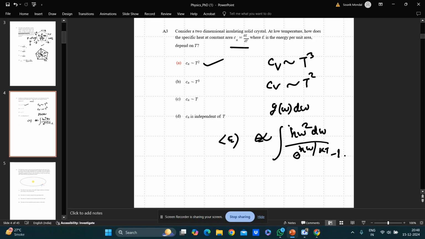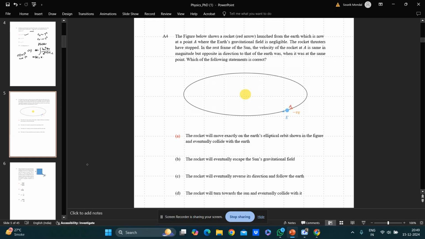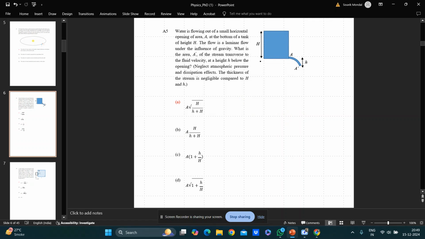We have to integrate this. Now put h cut omega by kT equal to x, suppose. So your E is proportional to T cube for 2D solids. So Cv is proportional to T square. And now this is a statement-based question. I didn't solve this.